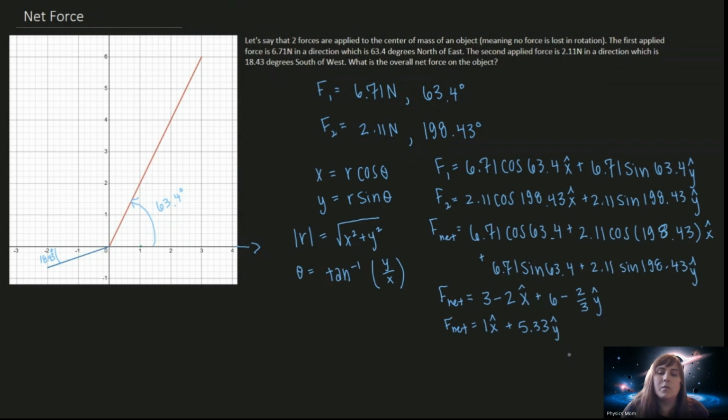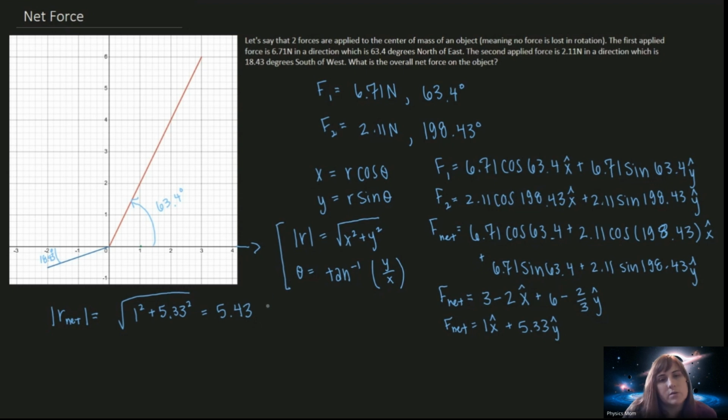Now I'm going to use these two equations to take the component form of the final vector into polar coordinates, so in terms of a magnitude and a direction. The radius for my net force is going to equal the square root of x squared plus y squared, so 1 squared plus 5.33 squared. I get that it is roughly 5.43. And what is the unit for this?